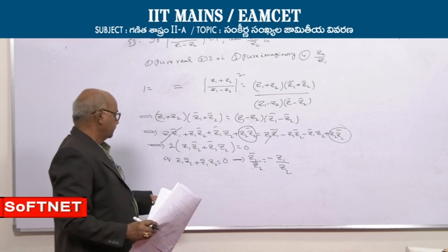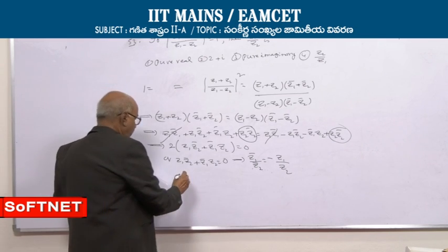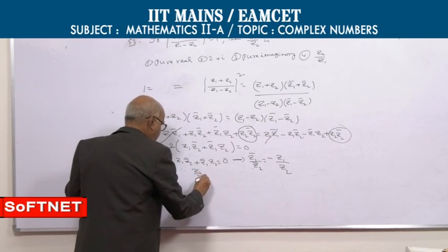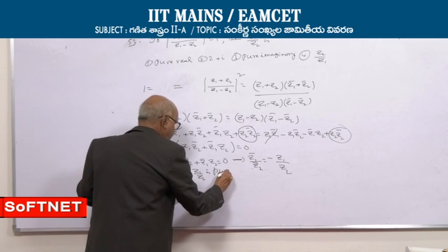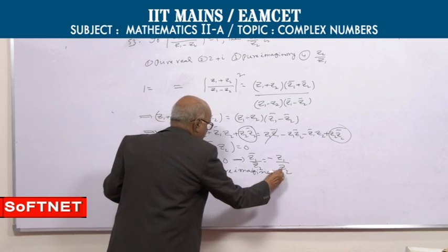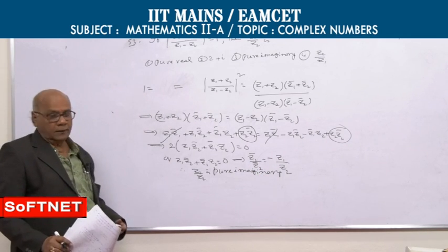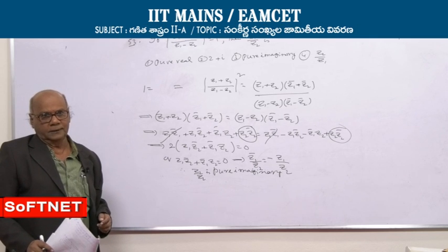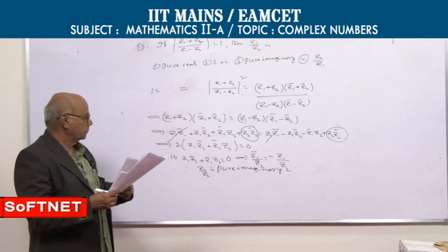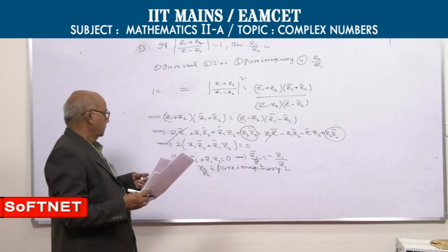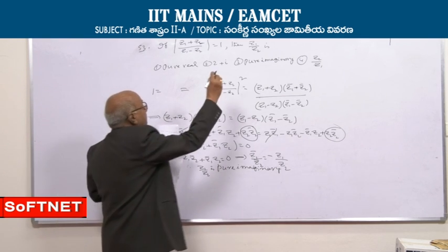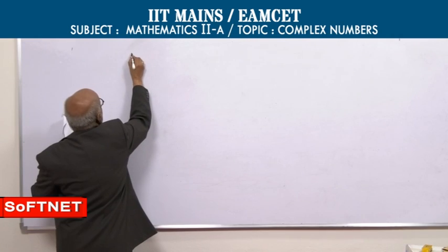From this you will get, therefore, Z1 by Z2 is pure imaginary. Because you know that Z is pure imaginary if and only if Z bar is equal to minus Z, and pure real if and only if Z bar is equal to Z. So the correct answer is option 3.